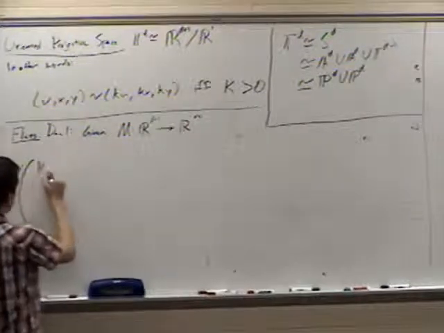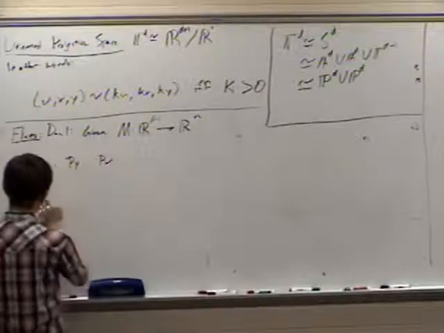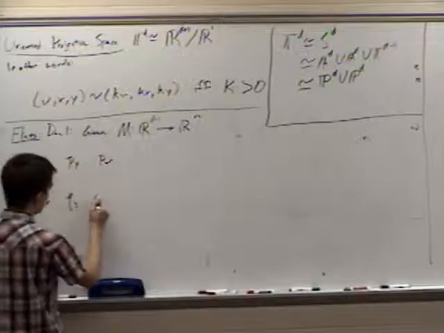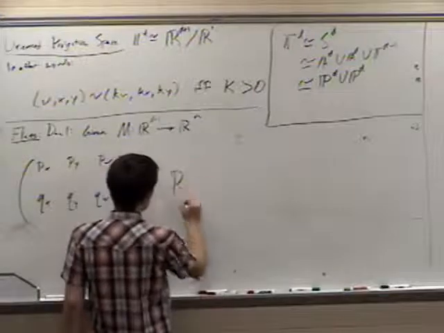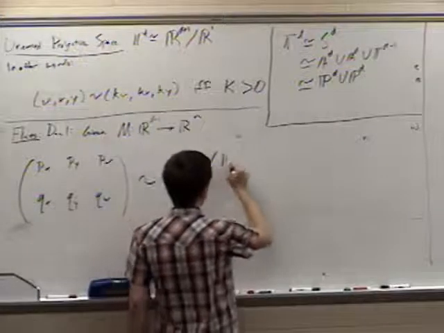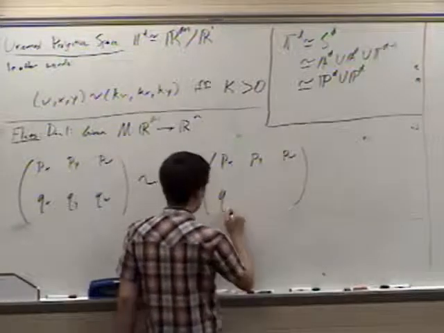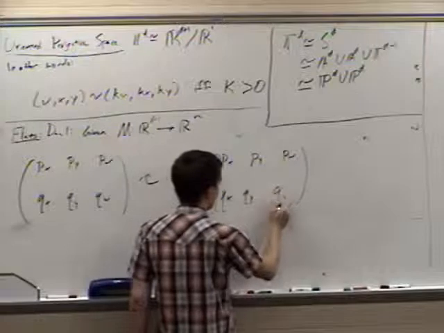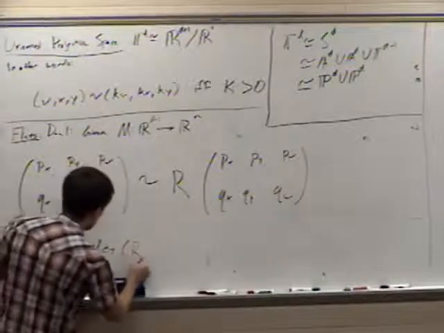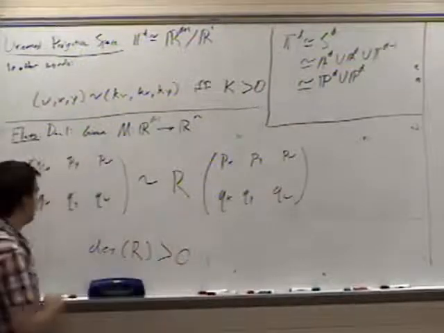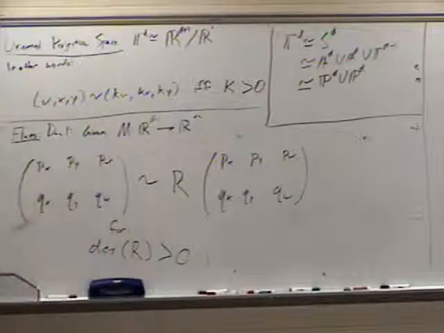And our matrix is now going to be a transpose. Say this thing is similar now to R times the original matrix, for the determinant of R greater than 0. All right, so that's the idea.